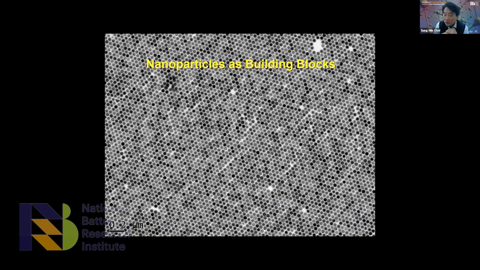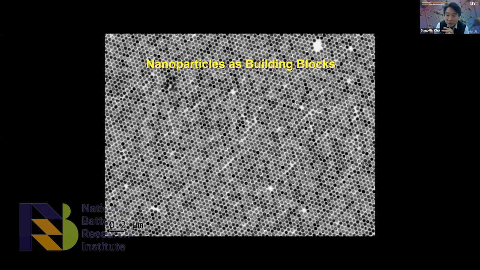And now, over the last 10 to 20 years, synthesis of nanoparticles has been developed quite well. And now people can produce very monodisperse nanoparticles.